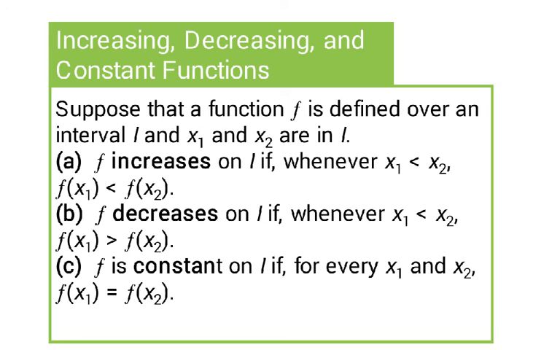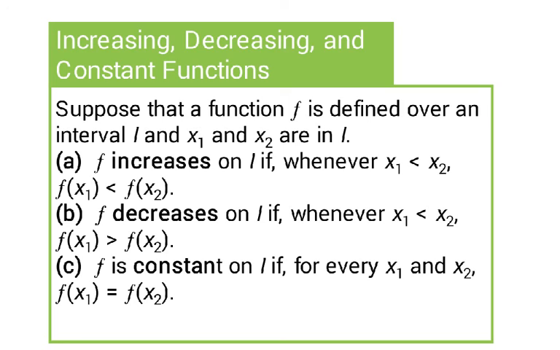So what it's saying, I'm just going to paraphrase these, f of x is increasing if all of your x values are increasing, then all of your y values are increasing. If those two statements are true, then it's increasing.